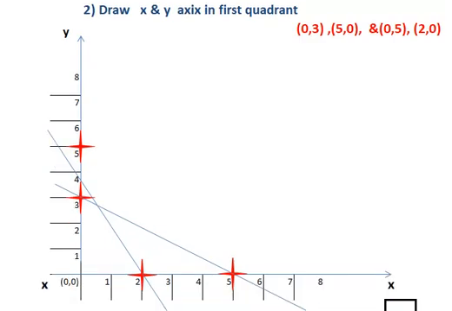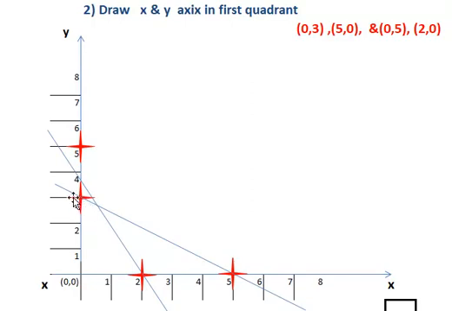Now it's time to represent that on the first quadrant of the graph. On the first quadrant of the graph we need to represent 0, 3, 5, 0 and 0, 5 and 2, 0. The first coordinate is x, and the second coordinate is y. Now you can see that I have drawn those lines already.